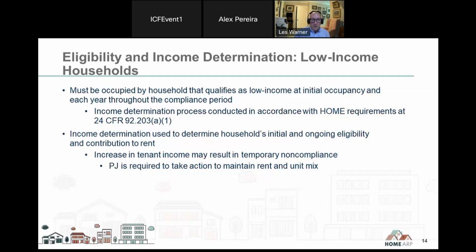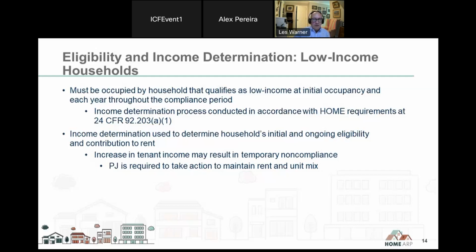So we're going to follow the HOME requirements that are at 24 CFR 92.203, section (a)(1). And as we go through this section, we're going to be income qualifying those households at initial occupancy. And then throughout the affordability period, we're going to be going back and doing an annual recertification. And in the case where their income goes up, we may be making adjustments to the rent for that unit.